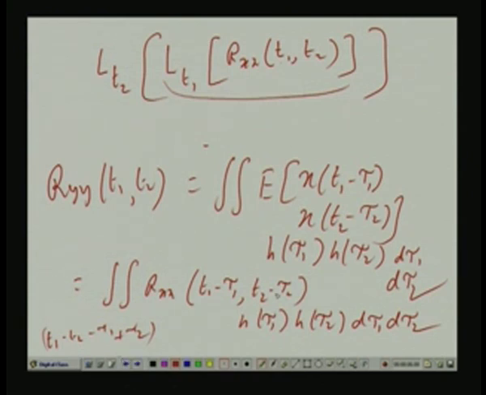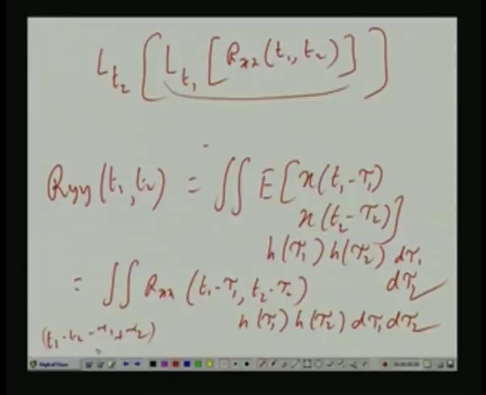Once you carry out the integration, there will be no trace of tau 1 and tau 2. So the entire thing will be a function of just T 1 minus T 2. So R y y T 1 comma T 2 will be just a function of T 1 minus T 2. It is not individual T 1 or T 2 that will matter, but the gap, which means output also will be WSS. In terms of correlation, and in terms of mean also it will be WSS, as we have seen earlier.